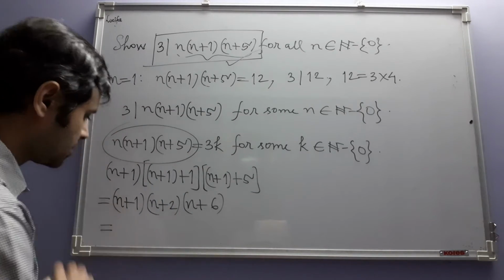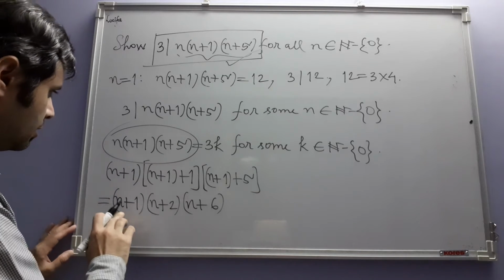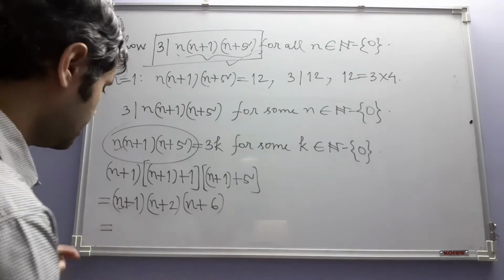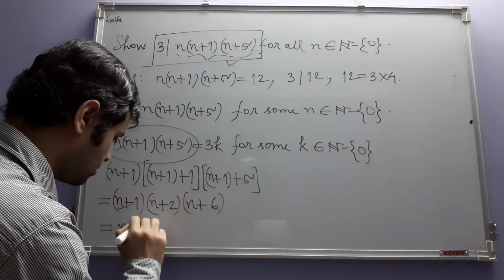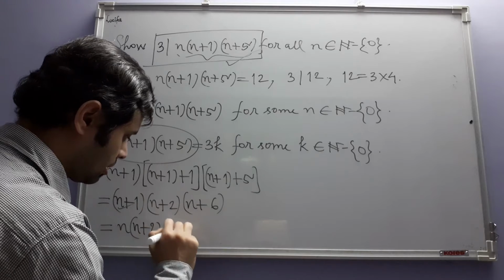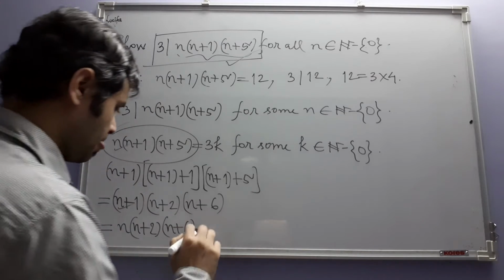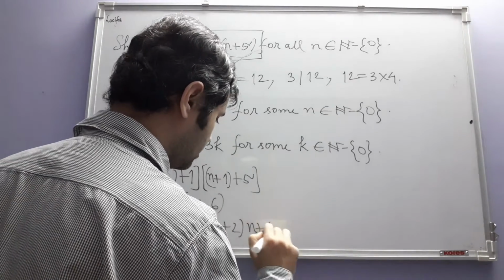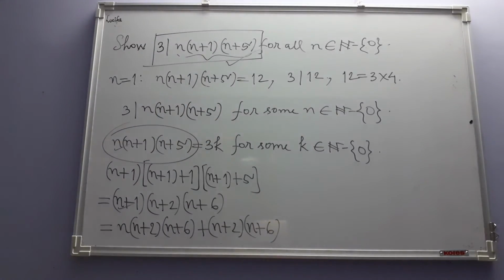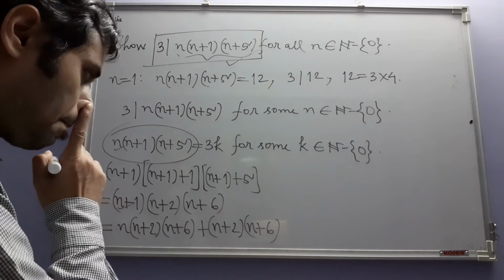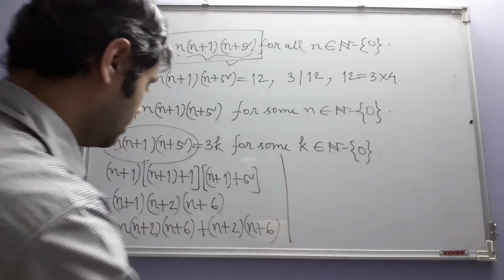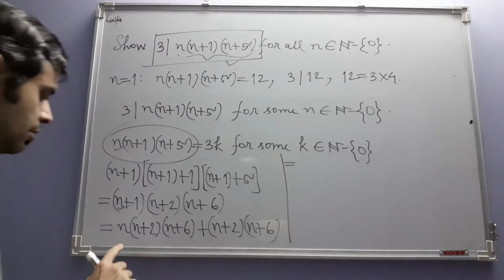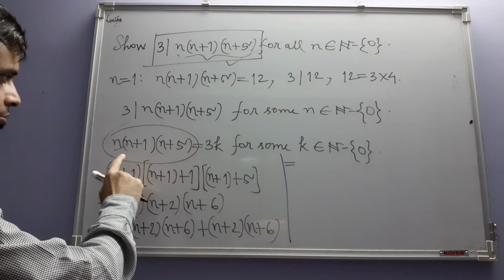For that purpose, since we have n here and we have n plus 1 here, we have to separate this out: n times n plus 2 times n plus 6 plus n plus 2 times n plus 6. This is going to be somewhat large. Now in place of n plus 2, what do we have?